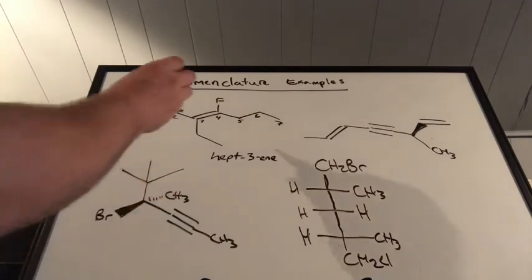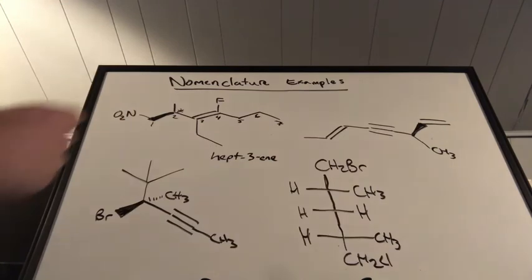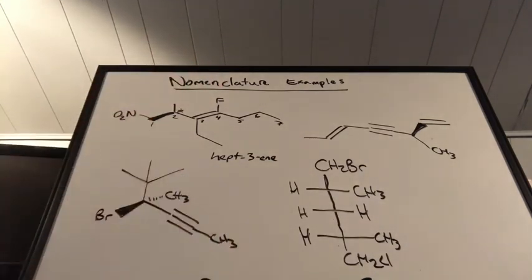Okay. So we'll have a 3 ethyl, 2 methyl, 1 nitro, 4 fluoro. We have to put all that in alphabetical order. So let's give it a whirl here.